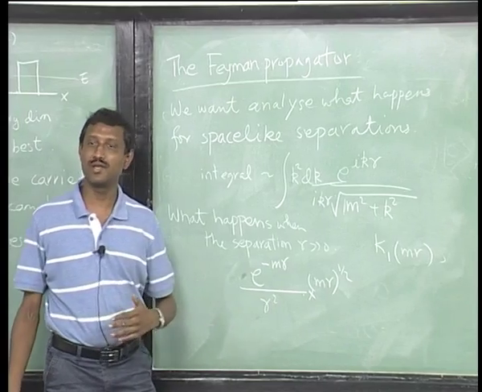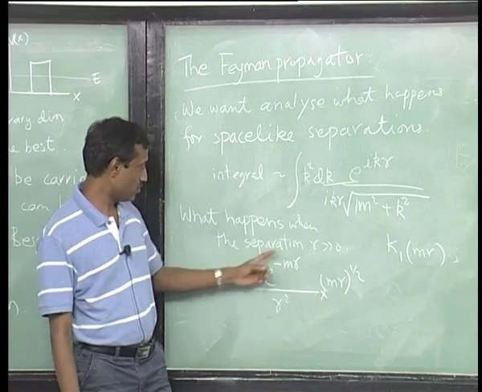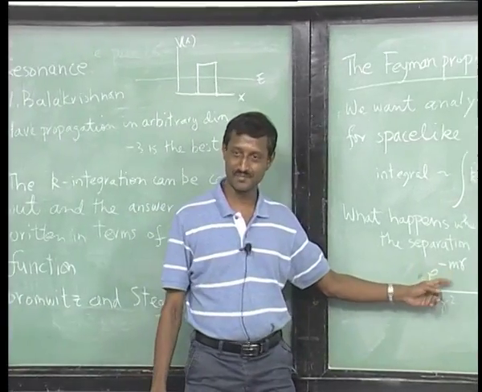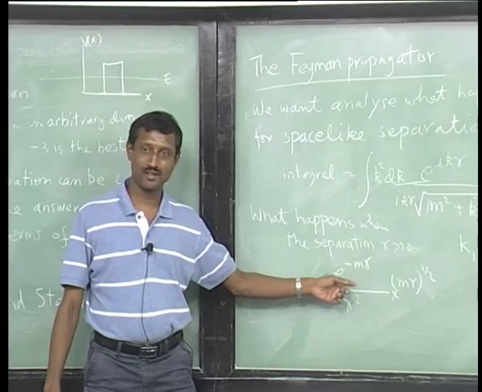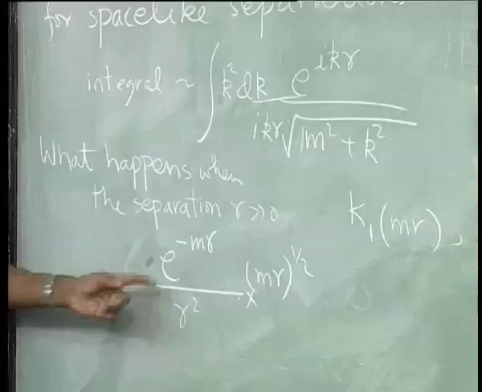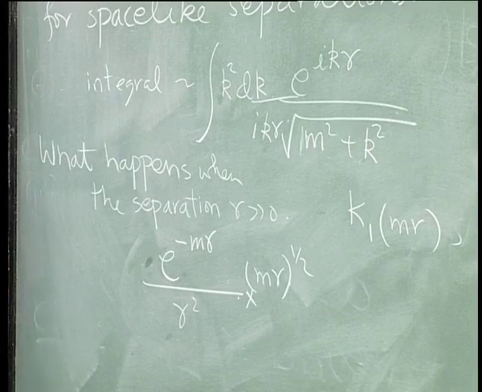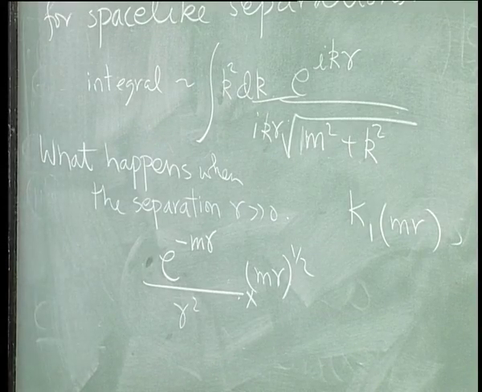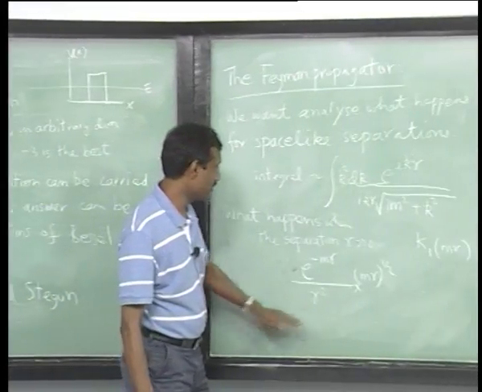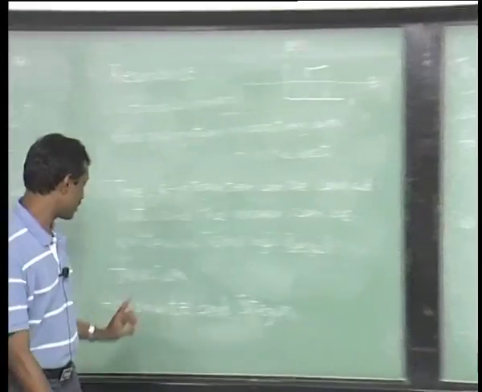We have seen it already in quantum mechanics, but it is pleasing to see that it dies off very, very fast. You may ask what happens for massless particles. I will leave that for you to think about a little later. For now I will stop here.